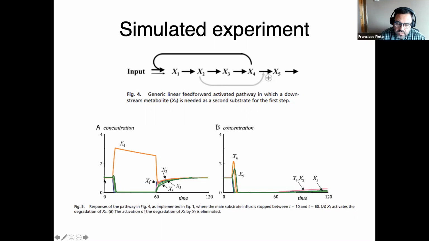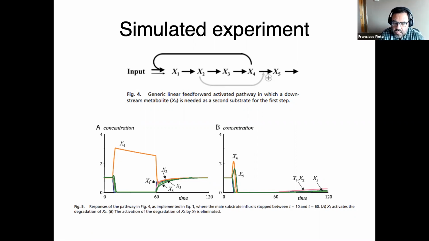What they simulated is a situation where glucose was available. So the input was available in the media at a steady value, a constant availability of the input. And at some point, at t equals 10, glucose vanishes from the media. So there is no glucose anymore, and this simulates a kind of fasting experience.